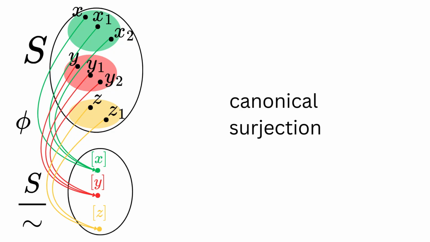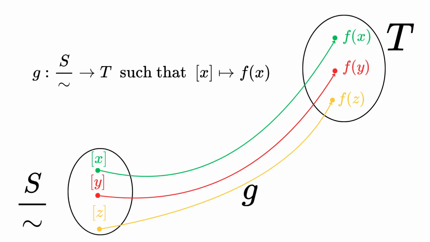As was stated previously, an equivalence relation gives rise to a canonical surjection. Then we define the function g that maps the class of an element to the image of the element under f. This function is injective, since if the images of two elements are equal, then the elements must be equal too. It's also surjective. As a result, g is bijective.